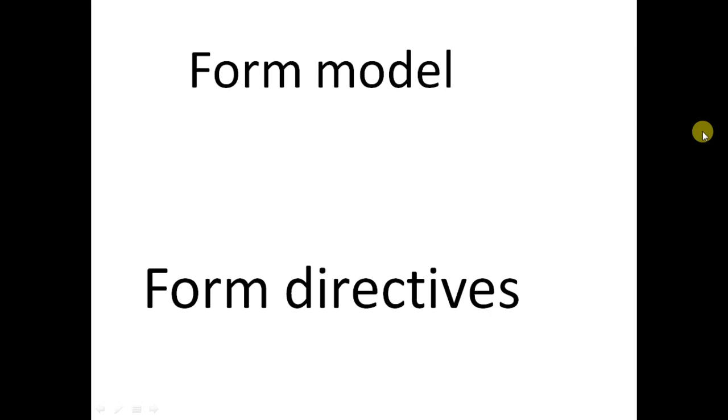Now, form model. The form model is an underlying data structure that keeps the form's data. It is constructed out of special classes defined in the @angular/forms module: FormControl, FormGroup and FormArray. FormControl is an atomic form unit.